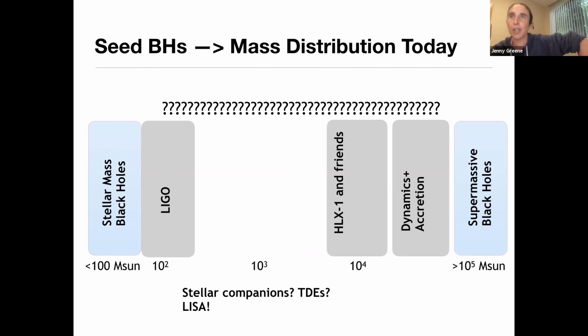Then I've argued that at 10^5, some combination of dynamics and accretion gives us a pretty secure understanding that a large fraction of galaxies are still harboring black holes there. And so you see there's still no information at 1,000 or really hardly any at 10^4. So that's where we are.